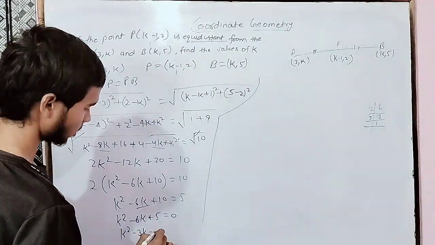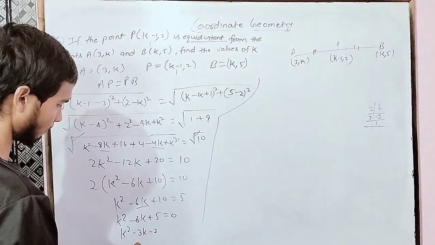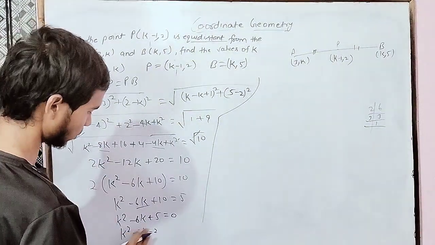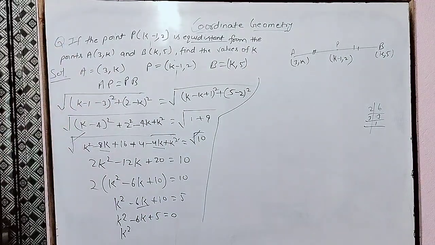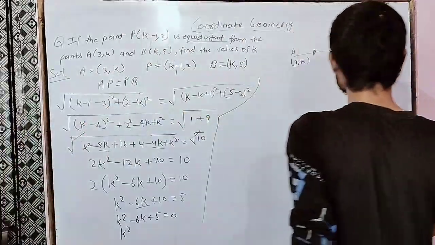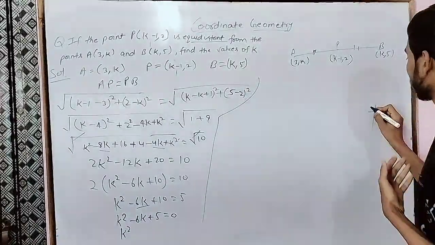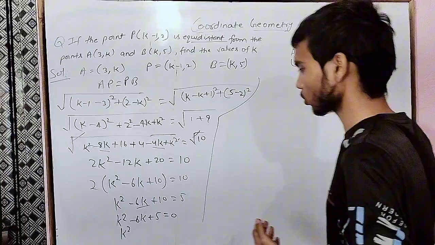So k square minus 3k minus 2k. No. What are you doing? Here 6k. This is a 6k. So 2 3s are 6.